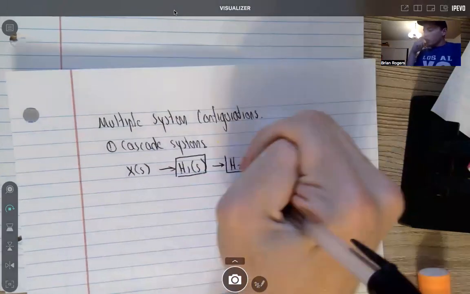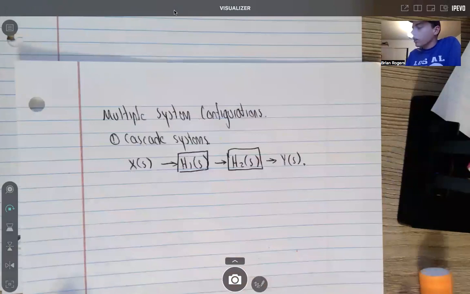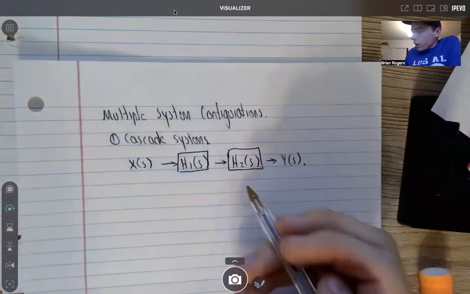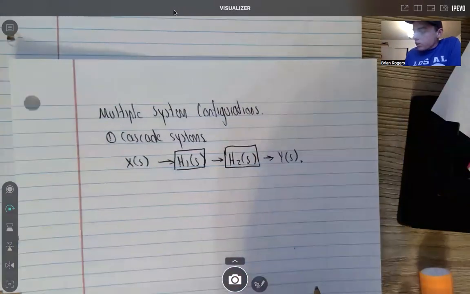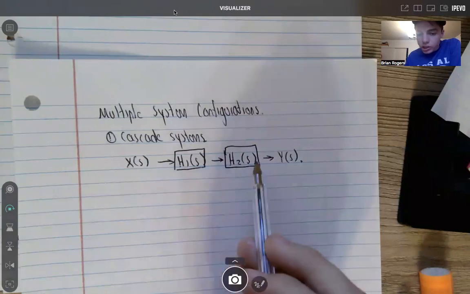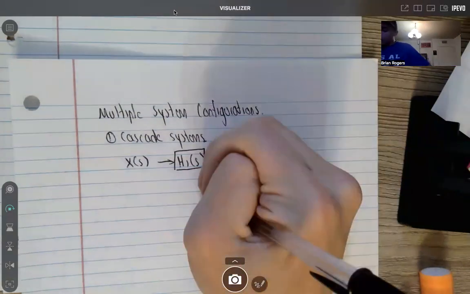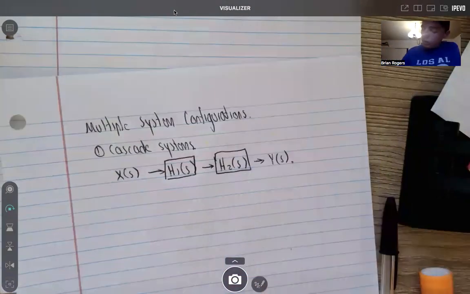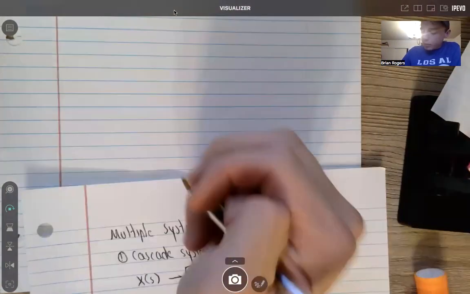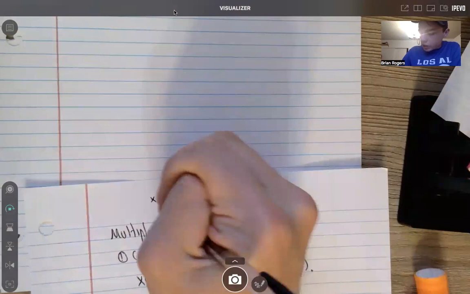And when this is in series with one another, what we're going to realize is that just like we did before, because this isn't h1 of t and h2 of t, it's not convolution. It is actually multiplication. Because if you remember, this is just like a little flashback. Remember when we had x of t, then it was h1 of t?